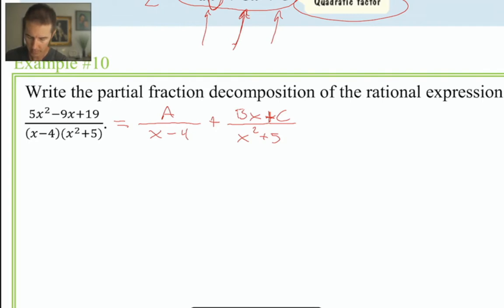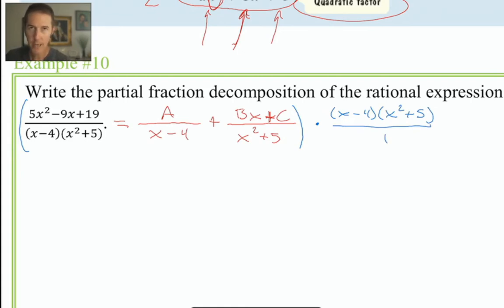So again, I'm going to use that technique of taking my entire equation and multiplying it by the LCD over 1. In this case, I'm multiplying by x minus 4 times x squared plus 5 over 1. And I like to put it over 1 to remind myself I'm only multiplying it into the numerator.